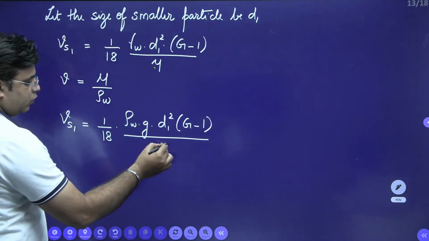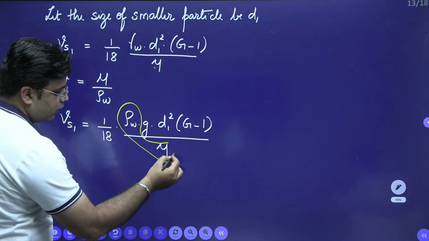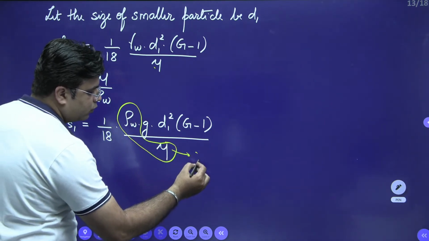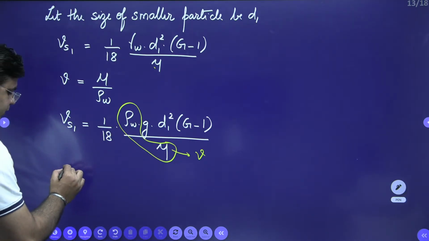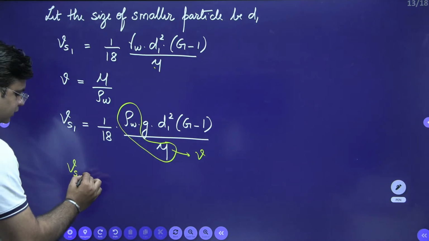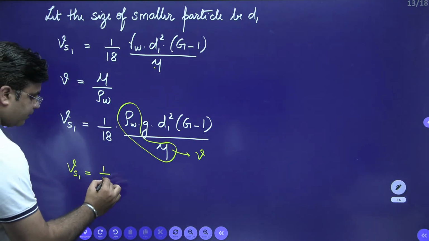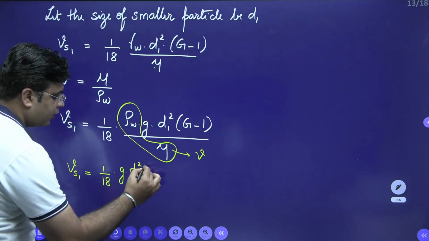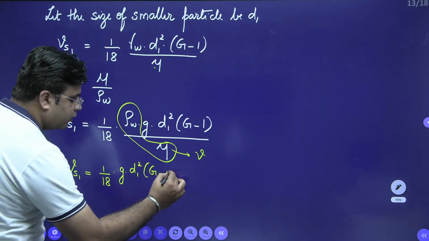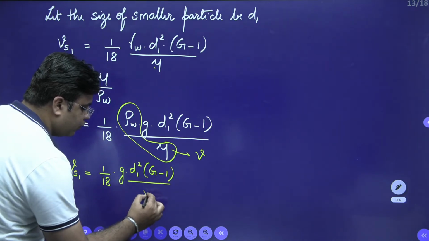Now this mu by rho w will be nu, right? So you can substitute the value of nu to get the settling velocity. So I'll just write down this new expression. Vs1 is equal to 1 upon 18, g into d1 square into G minus 1, divided by nu, right?